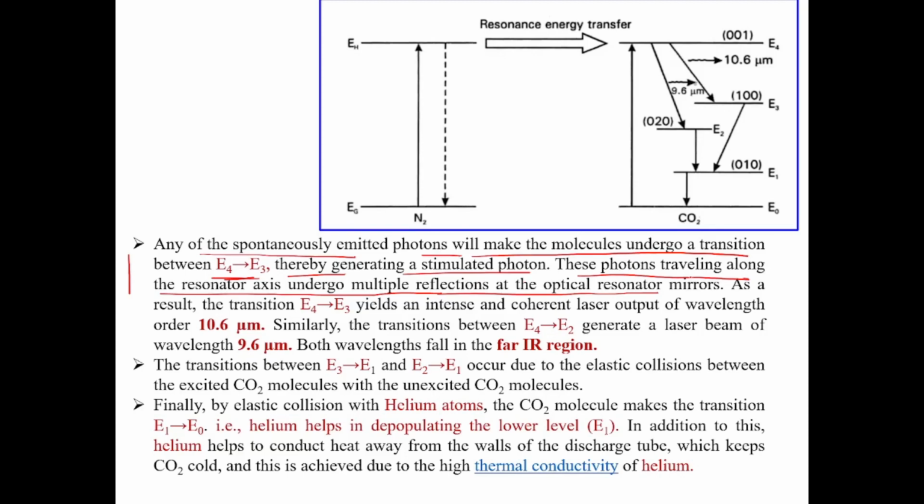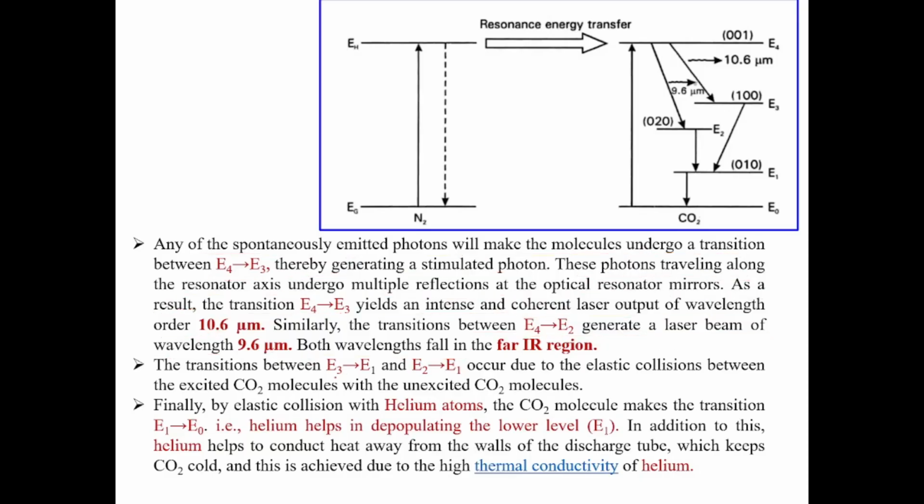So these photons travel along the resonator axis and undergo multiple reflections at the optical resonator mirrors. As a result, the transition E4 to E3 yields an intense and coherent laser output of wavelength of the order of 10.6 micrometer. Similarly, the transition between E4 to E2 generates a laser beam of 9.6 micrometer wavelength. We can see both wavelengths fall in the far infrared region.